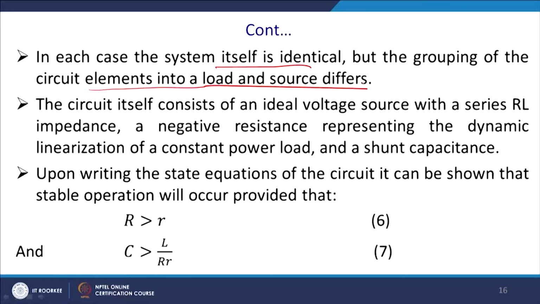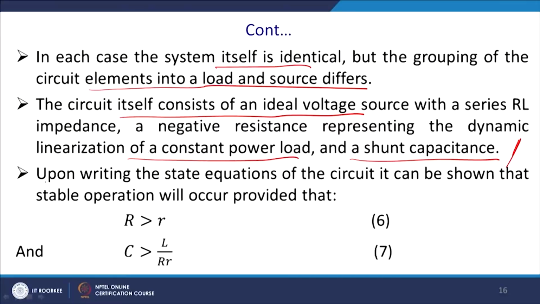Essentially, capacitor is shifted in between the two entities. This circuit itself consists of an ideal voltage source with a series RL impedance, a negative resistance representing the dynamic linearization of the constant power load, and the shunt capacitance.